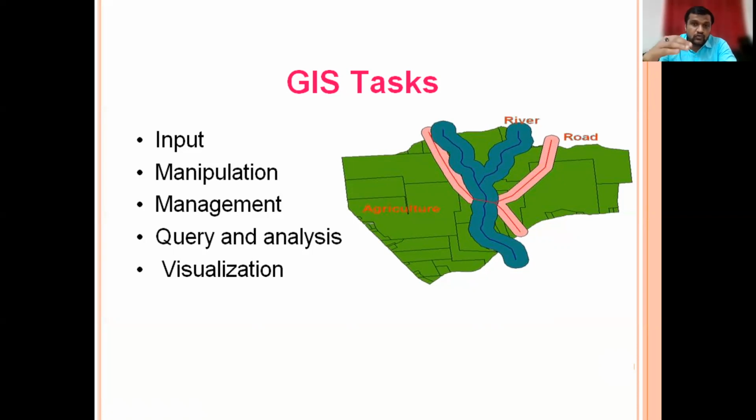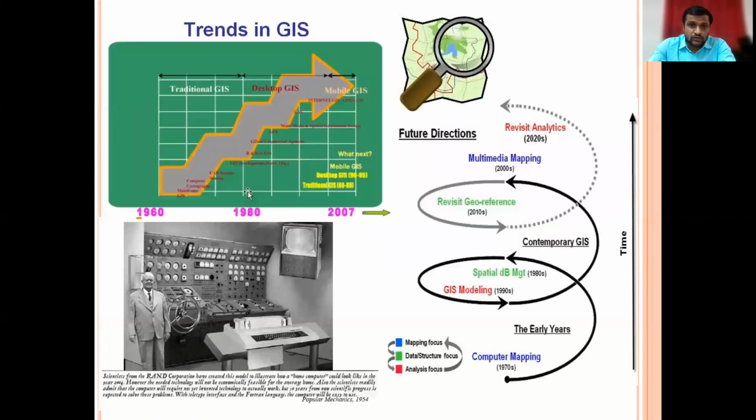GIS helps us to display any kind of spatial information in the form of maps, tables and graphs. So GIS has different tasks, starting from the inputting of the data, manipulation, management, query and analysis, and the visualization.